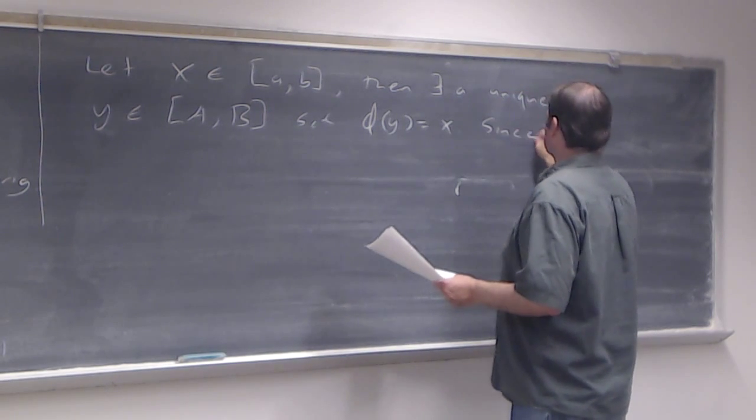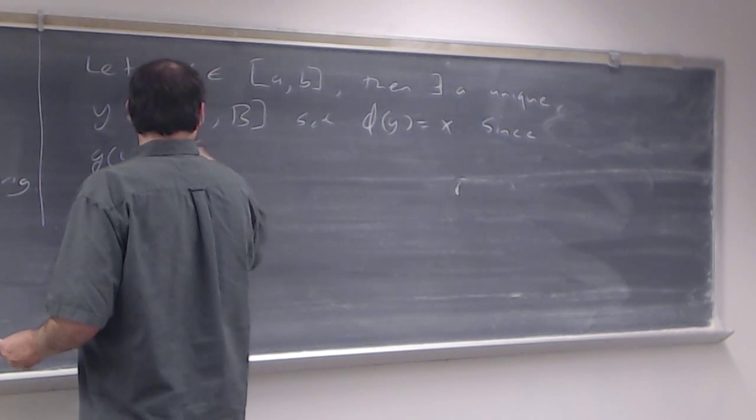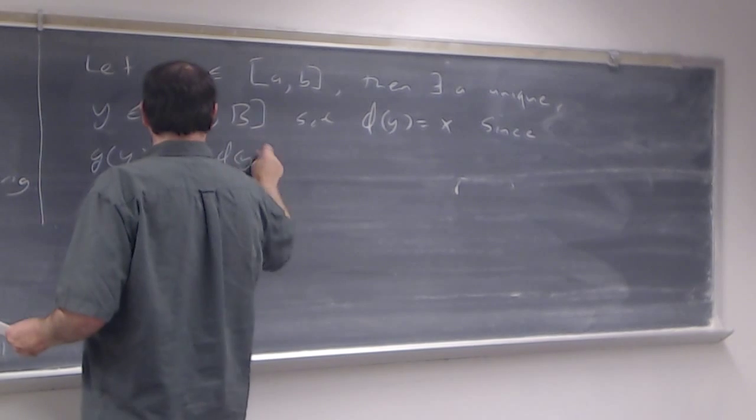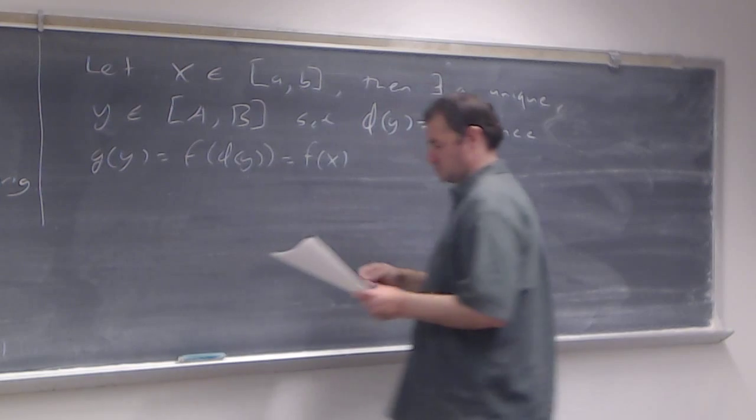Since, as stated in the theorem, we define g of y to be equal to f of phi of y, which equals f of x.